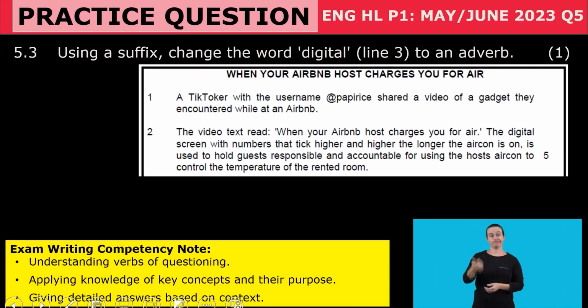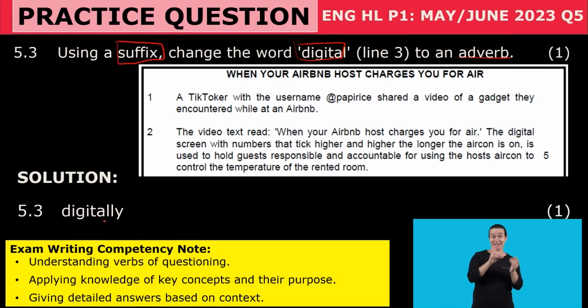Now we go to question 5.3. Using a suffix, of course we know they go to the end of the word, change the word digital in line 3 to an adverb. So using your knowledge of parts of speech, you have to change the parts of speech. The answer would be digitally.